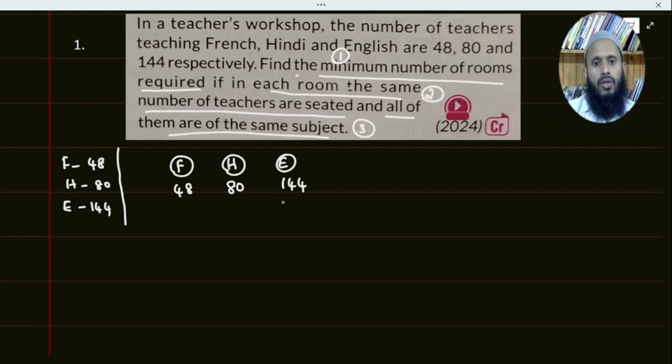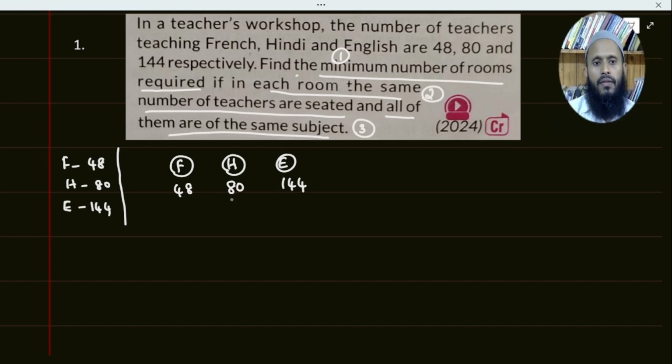Now, two conditions are satisfied, but the second condition, which says that in each room the same number of teachers are to be seated, is not. Here that is not the case. In one room there are 48 teachers, second room 80 teachers, third room 144 teachers. So the numbers are different.